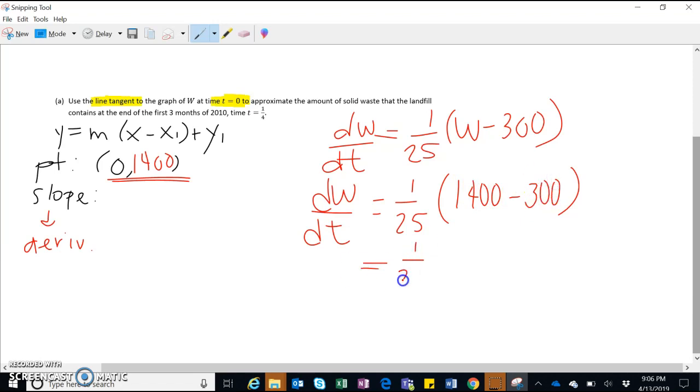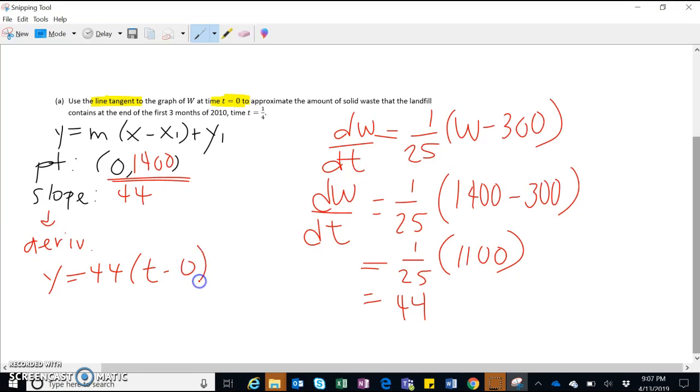A little bit of math, that's 1 over 25 times 1,100. And, oh dear, 1,100 over 25. I may or may not be cheating right now using the calculator on my cell phone. I got 44 for that division. So my tangent line equation with a slope of 44 is y equals 44 times t minus 0 plus 1,400.